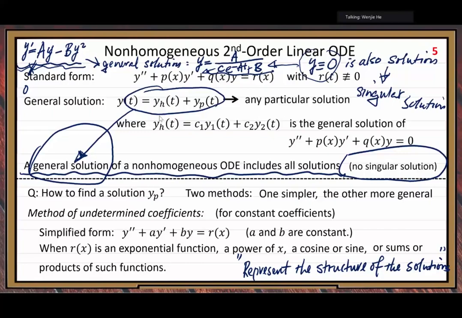If the structure is wrong, you cannot find a solution. You cannot determine those coefficients because the structure is completely wrong. So the first step is to make your structure right, based on that choice theorem.